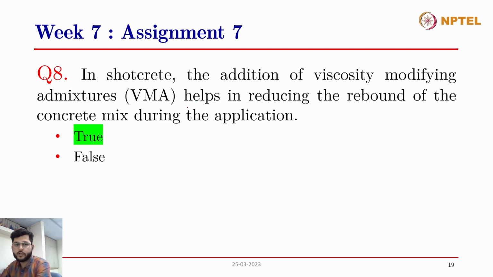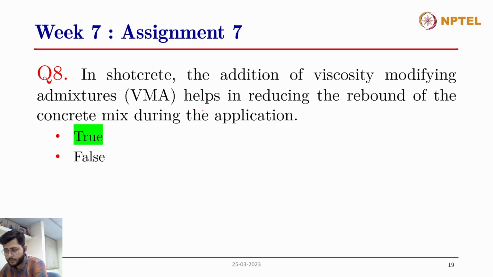So viscosity modifying admixtures are generally used for those kinds of applications where, after the concrete or the cementitious suspension is poured, we want the viscosity to be increased so that it won't fall off, or it won't flow out of the surface.